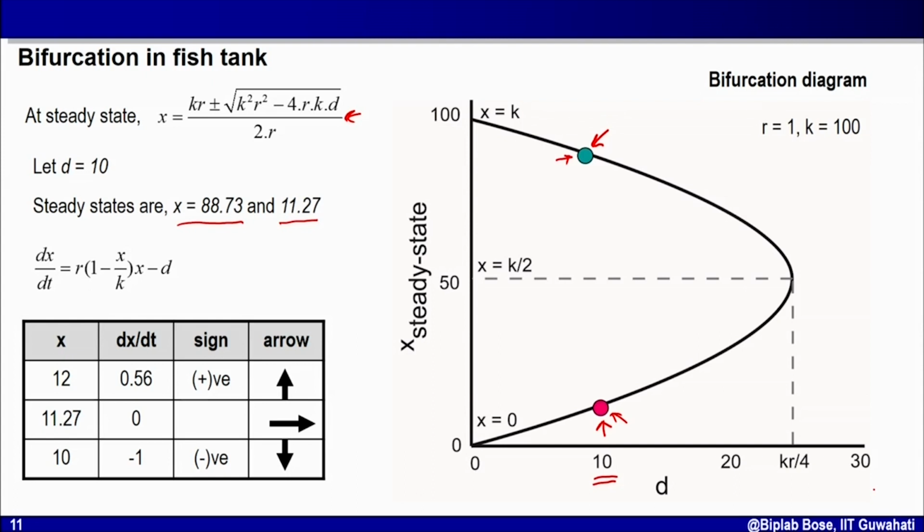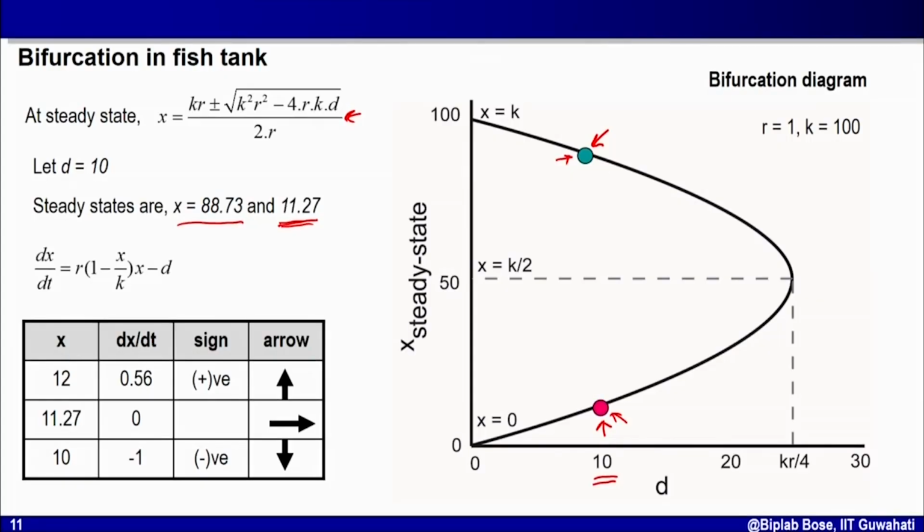Let us take first the case where the steady state is at 11.27. If you remember, for a one-dimensional system, when we were discussing the direction field, we used a tabular method to calculate the stability of steady states. We will use the same thing here because I have just one ODE. So let us make the table. I have drawn the table.